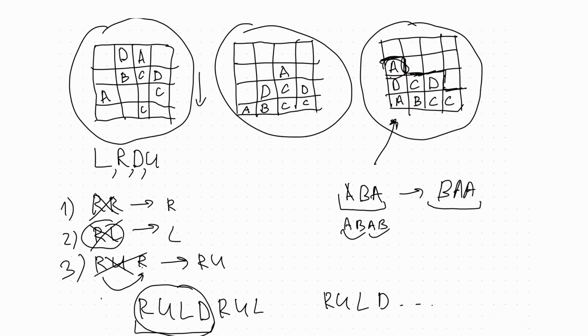Or if one string is a shift of the other string, then you will always be able to reach it after some number of moves, modulo the length of the shortest cycle.